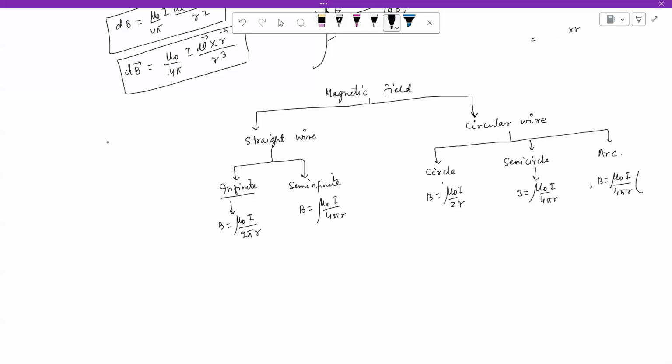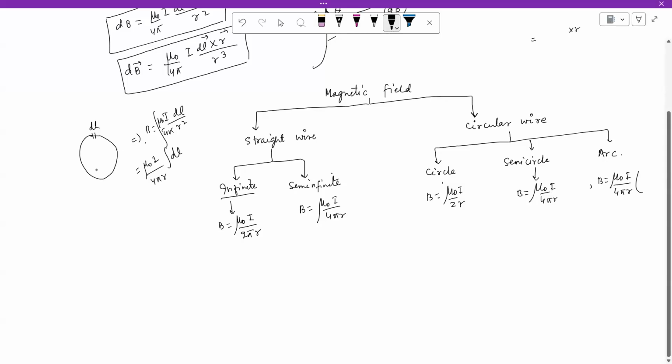So let's say if it is dl and you integrate this dl, the magnetic field would be mu naught by 4 pi, I dl, sine theta is sine 90, so that is 1, divided by r square. You only have to integrate this dl. So mu naught I by 4 pi r square, you integrate dl. For a full circle, that would be 2 pi r, so that is okay.